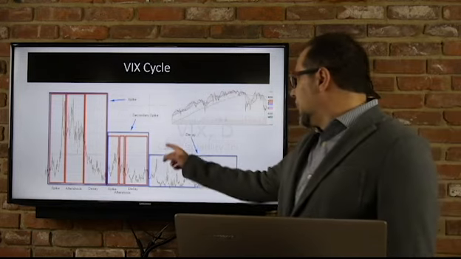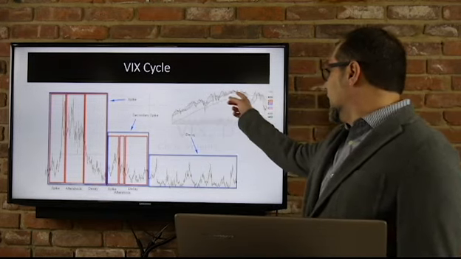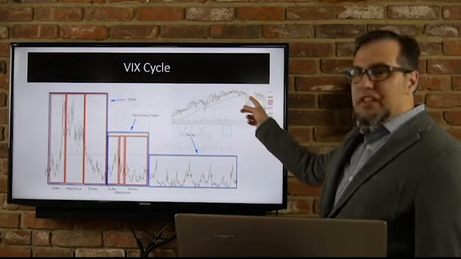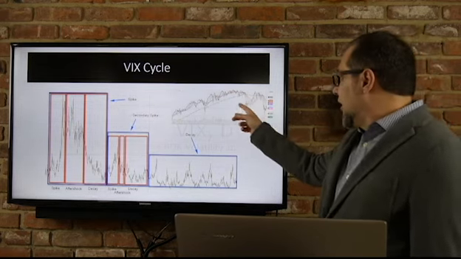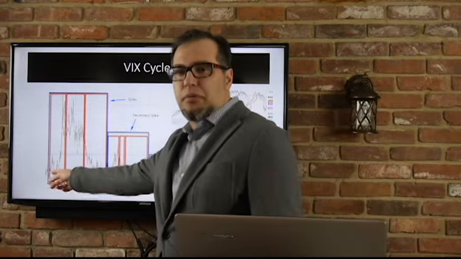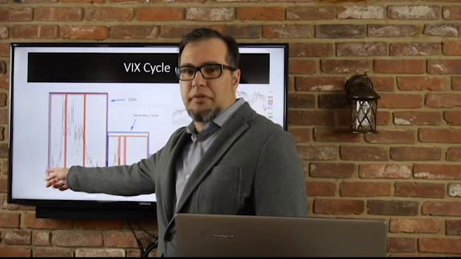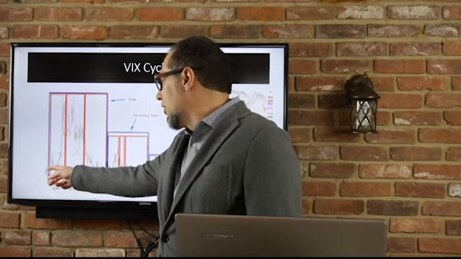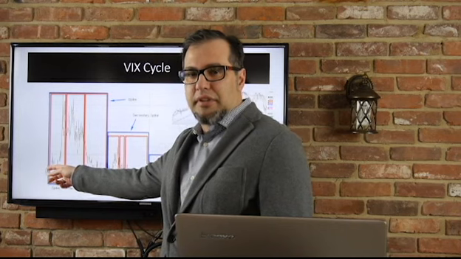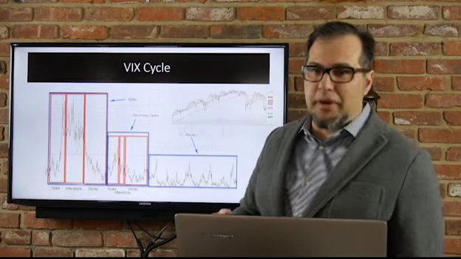As the market goes up during a bull market, at some point there is a sell-off. During the first part of the sell-off, investors who have not been hedged, who have been riding the bull market all along, realize that there's a sell-off underfoot and they start to panic and buy puts.